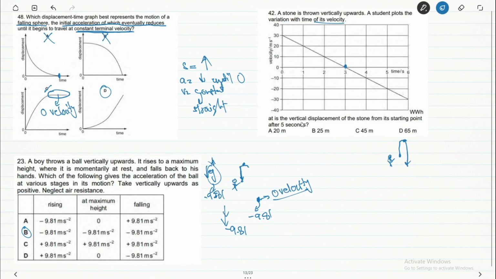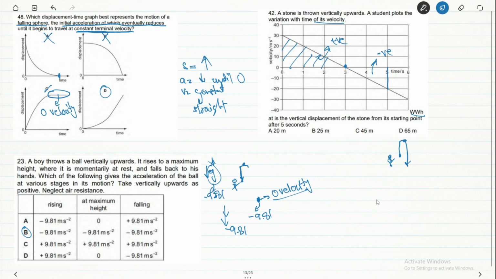So, what is the vertical displacement of the stone from its starting point after 5 seconds? Now, this is the 5-second mark. There are two types of displacement here. This is positive displacement when it goes up, and this is negative displacement, right?